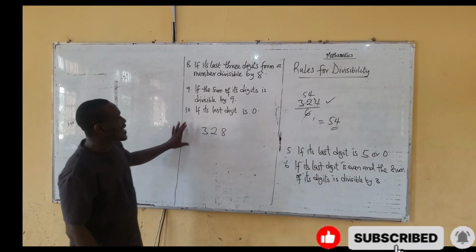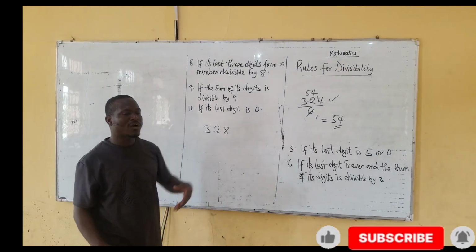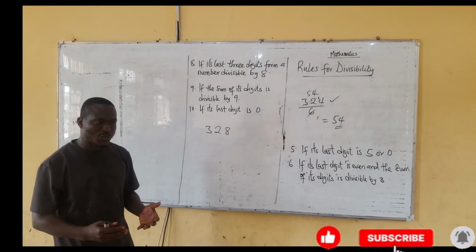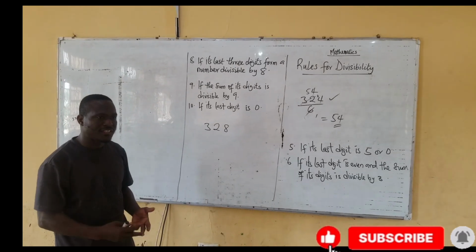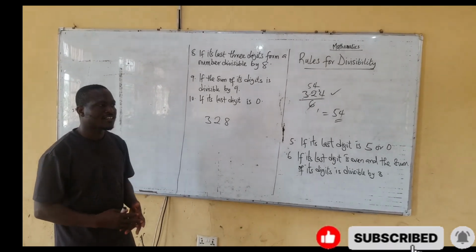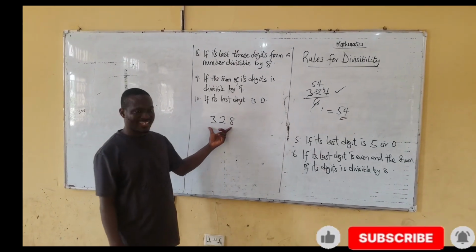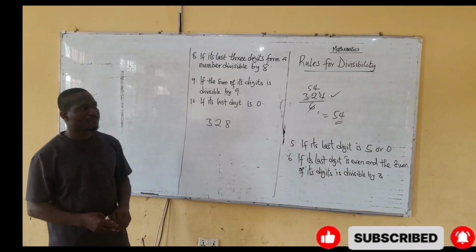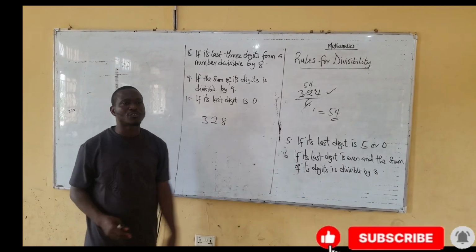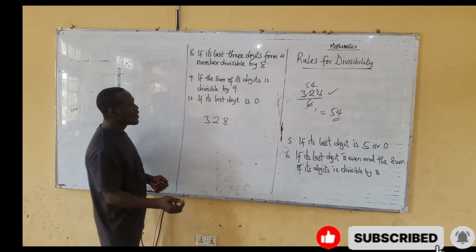It can have other digits, which I would like you to try at home. Try picking numbers that can be 3 digits, 4 digits, 5 digits, and make sure that the last 3 must be divisible by 8. If it is divisible, then that number automatically can be divisible by 8.